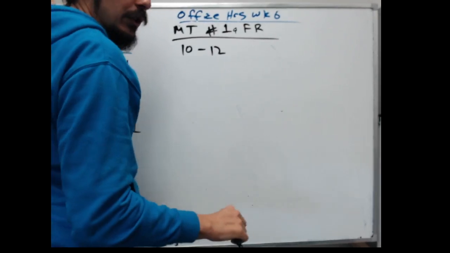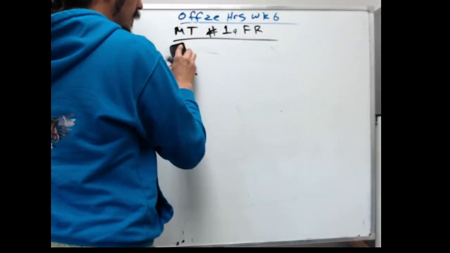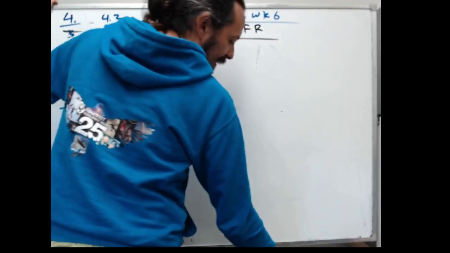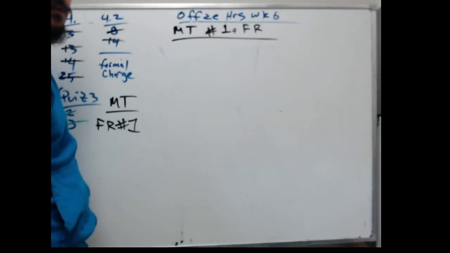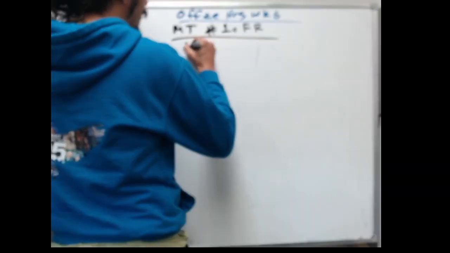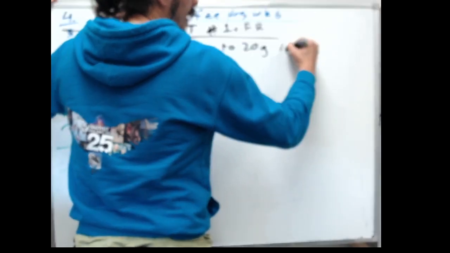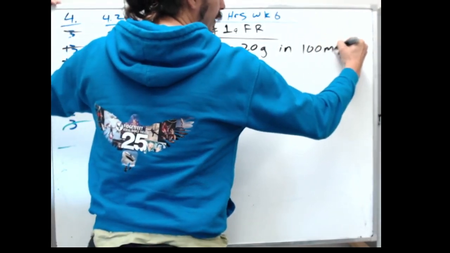Oh, which version did you have? Did you have the 10 to 18 or the 12 to 20? There were different versions. 12 to 20. Okay, so we got 12 grams to 20 grams in 100 milliliters of blood.